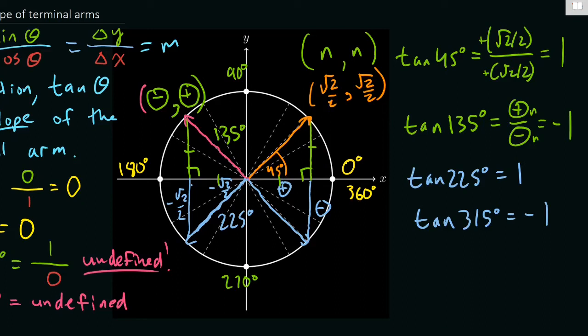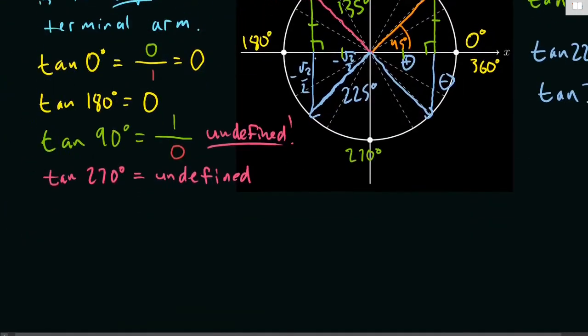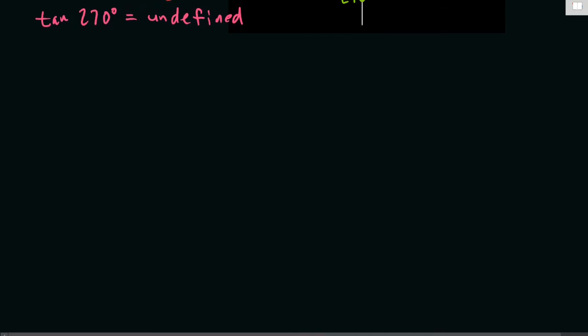Okay, so those are your 45s, your horizontal and your vertical lines. Really with tangent, the only tricky ones are going to be your 30 and 60 degree triangles. Okay, so let's go and look at those. Let's do tangent of 30 degrees.